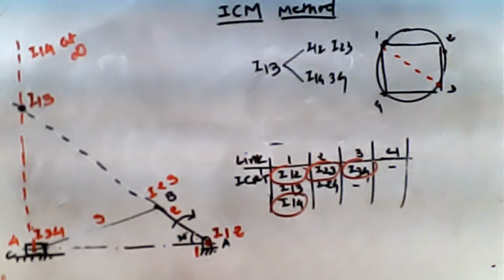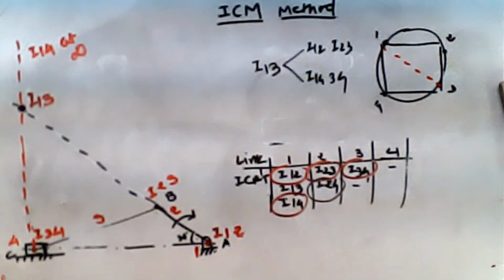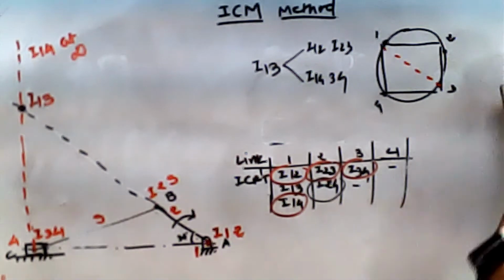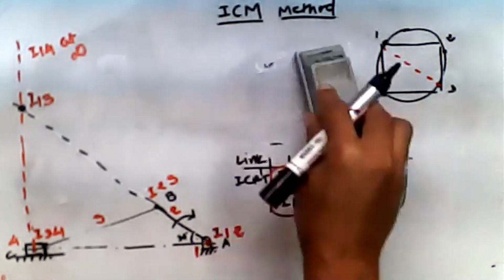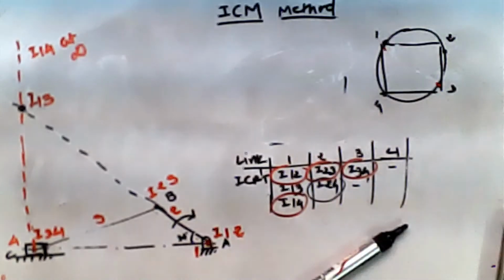Then next instantaneous center is 2 4, correct? So let me join 2 and 4.